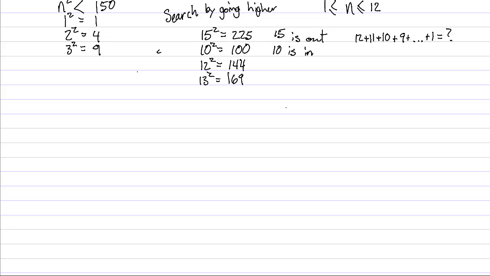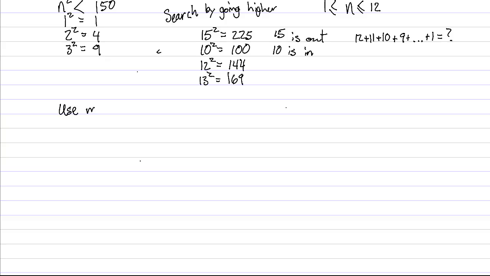Okay, and so to add all the numbers from 1 to n, here's the quick way that I can show you how to remember this formula. Okay, there's a multiplication method you can use.